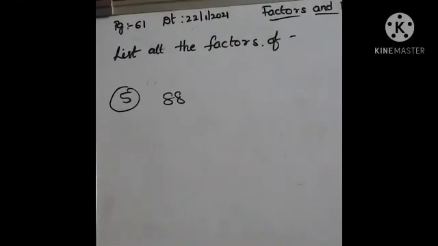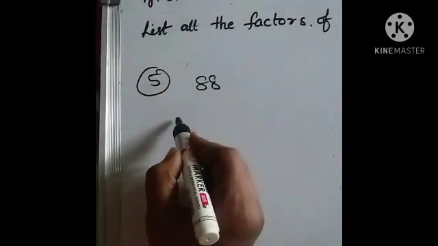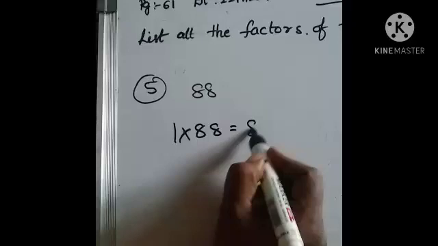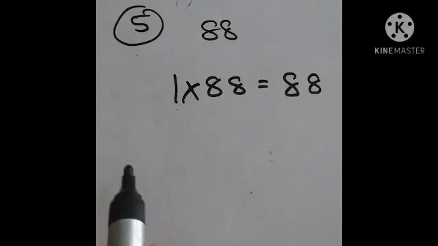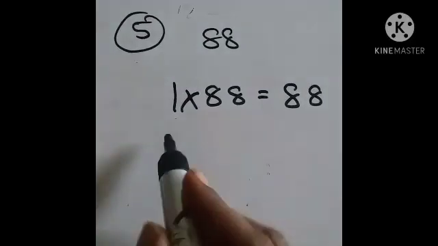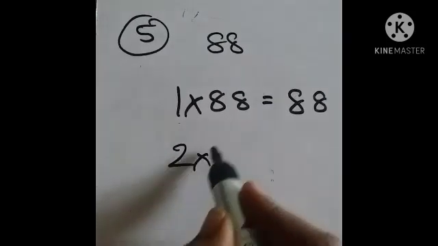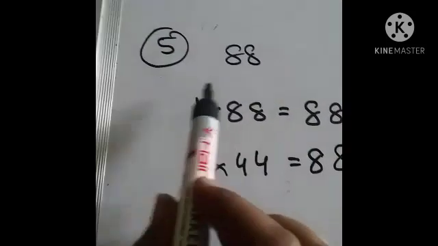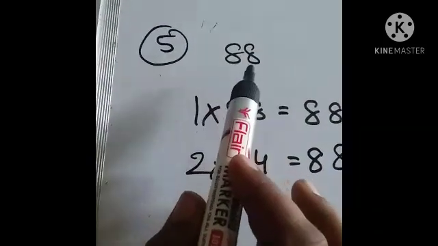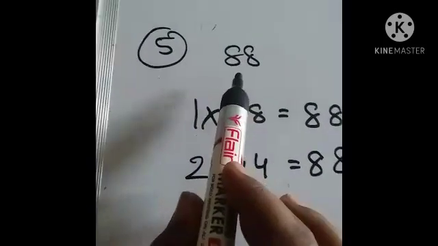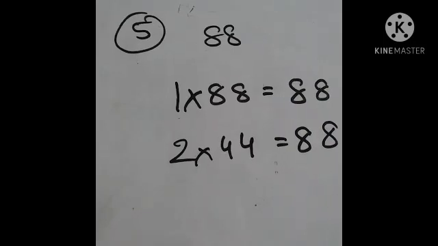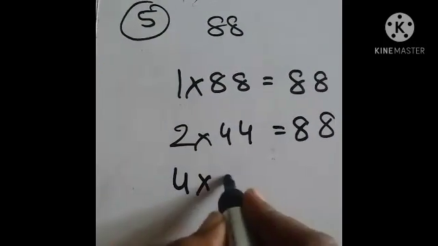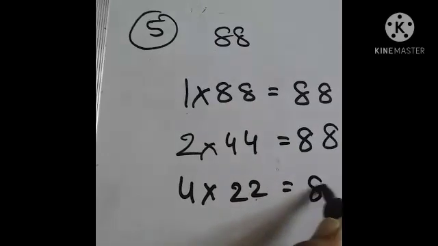Fifth one, 88. As usual, we write 1 88s is 88. 2 44s is 88. 3: 8 plus 8 is 16, which is not in the 3 table, so not divisible. 4: 4 into 22 is equal to 88.